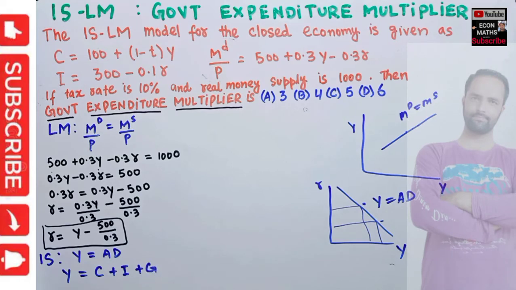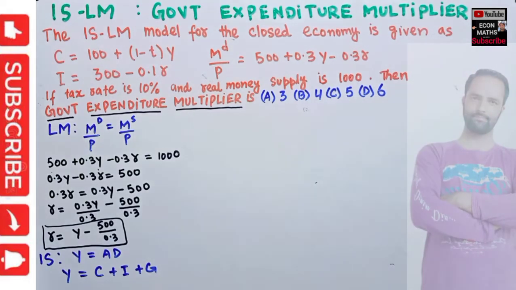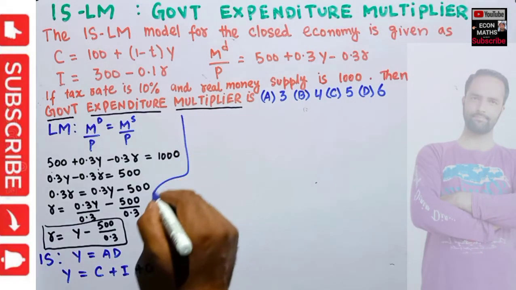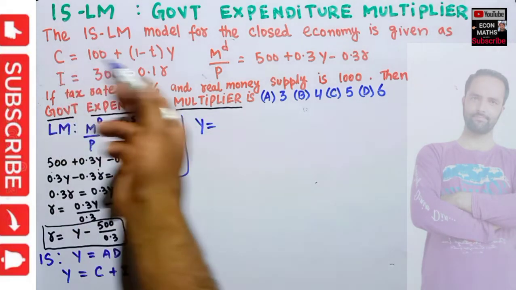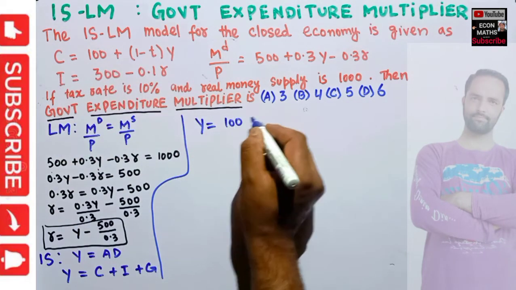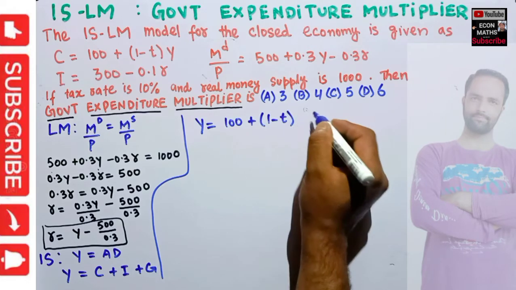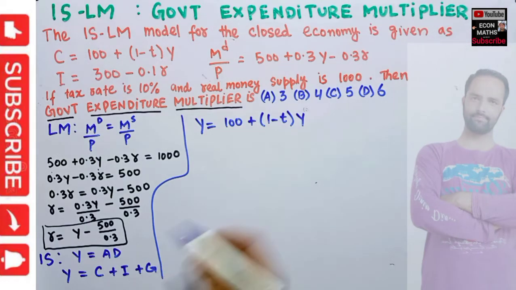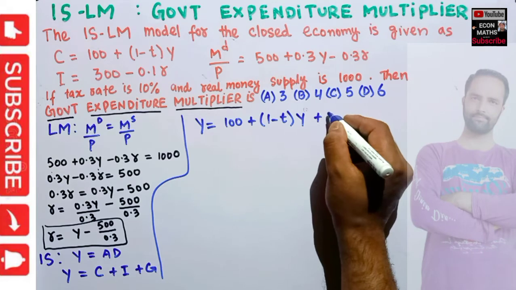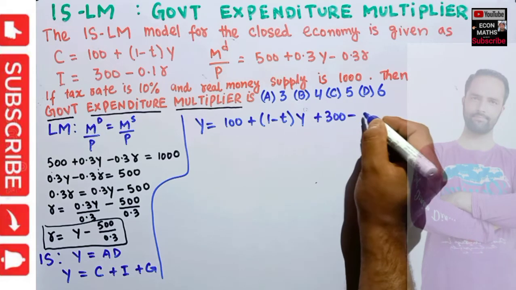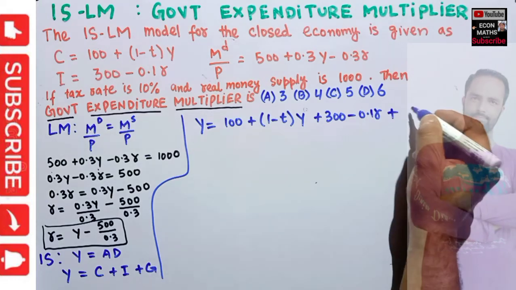Using this, our Y is equal to our consumption function, which is given as 100 plus (1 minus T)Y, plus the investment function, which is given to us as 300 minus 0.1r, plus the government expenditure.